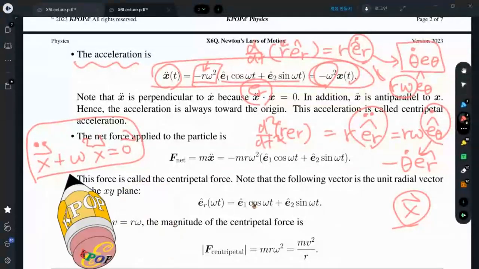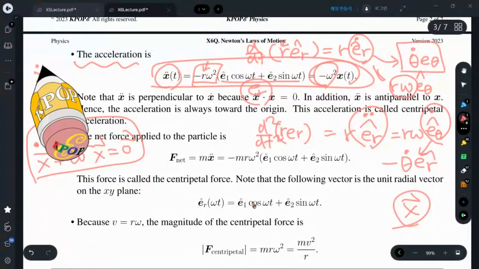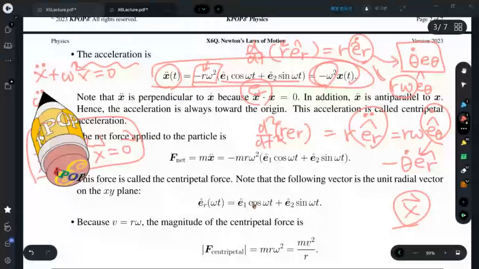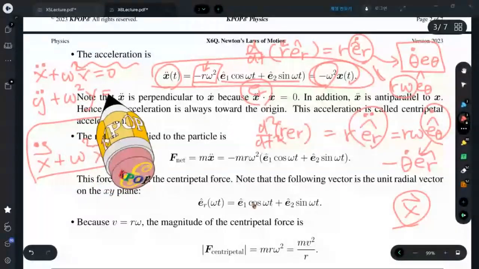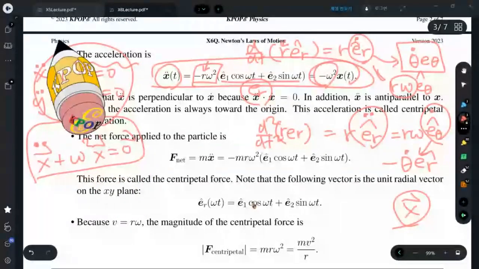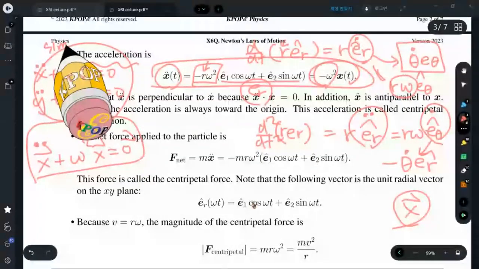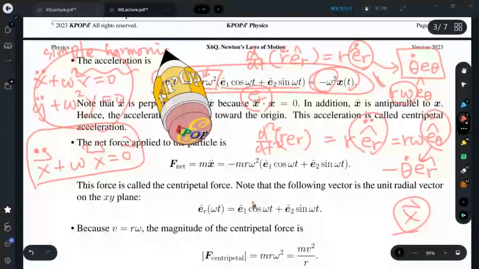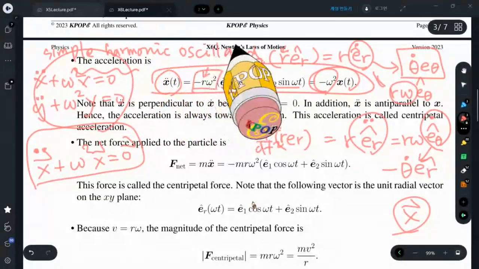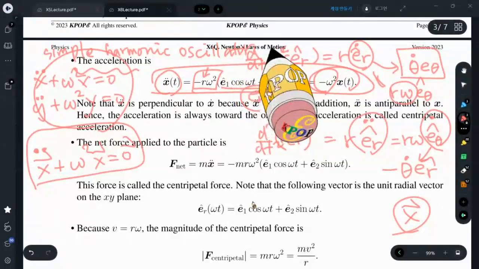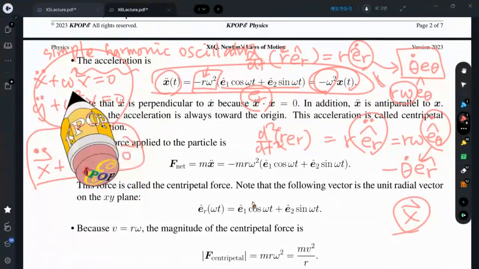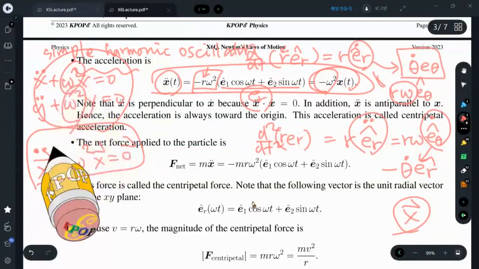Each Cartesian component satisfies the same equation. Okay, this is a simple harmonic oscillator. So uniform circular motions of two Cartesian components represent the simple harmonic oscillator of the same angular frequency.